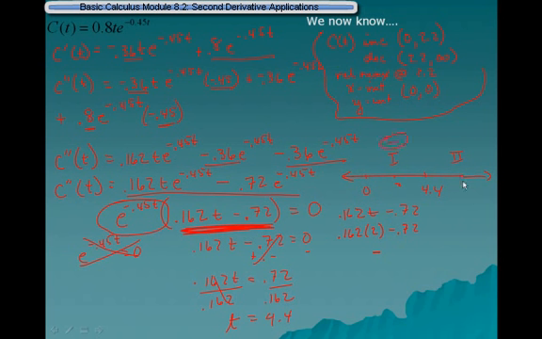All right, let's try a number in region 2. Let's try like 5. So that'd be 0.162 times 5 minus 0.72. And notice that this is going to give us a positive value. And so we have a positive. So notice that our double derivative changes signs, and at 4.4, we're going to have an inflection point.